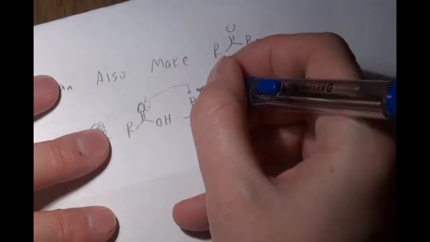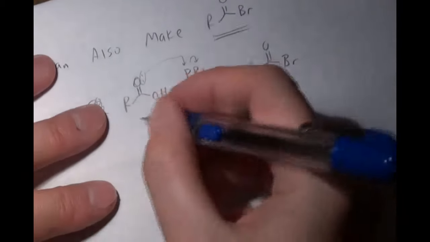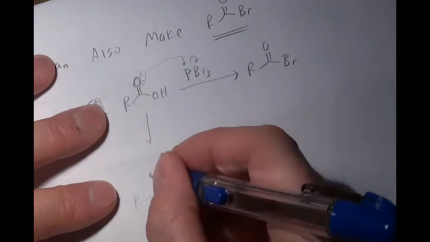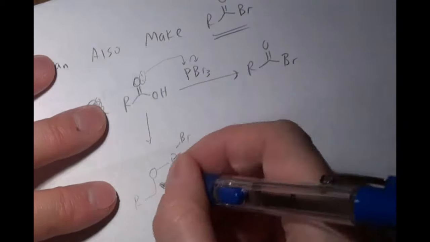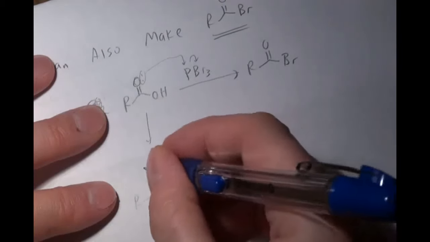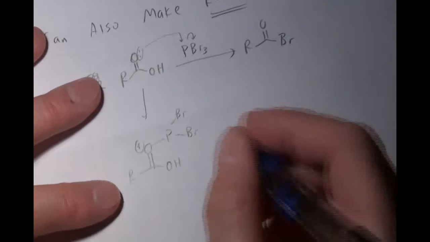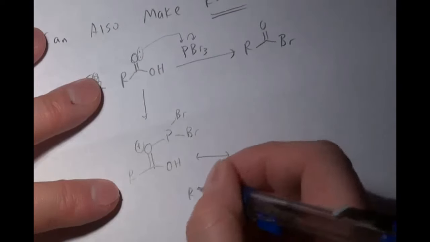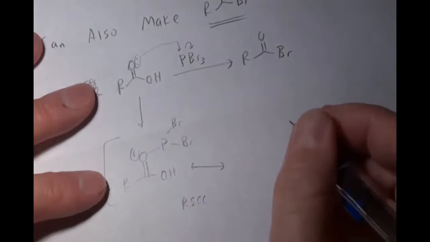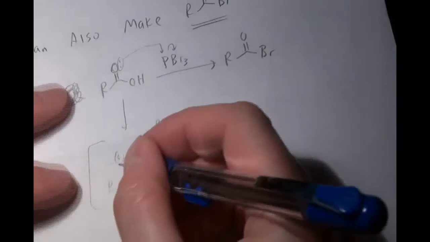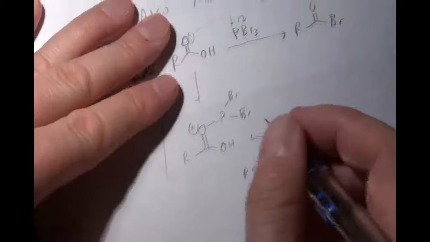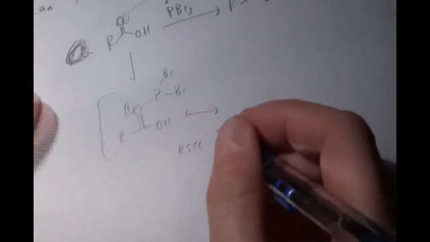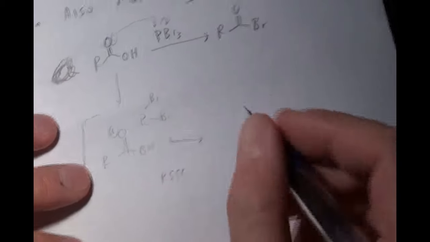Oxygen attacks phosphorus, kicks off a Br. Now we have an RSCC. What do we do? We resonate from the acetyl bond O upward.